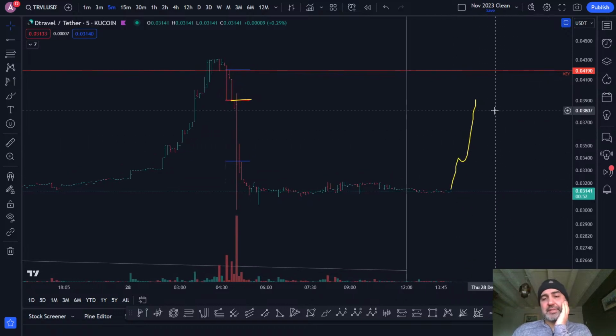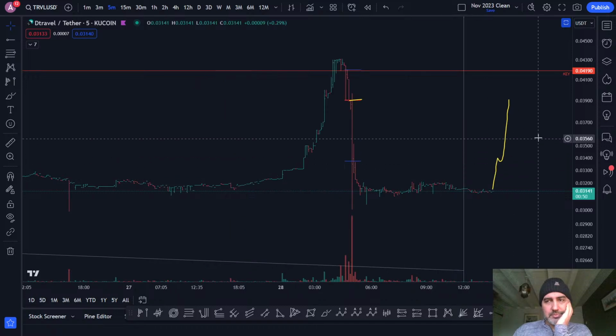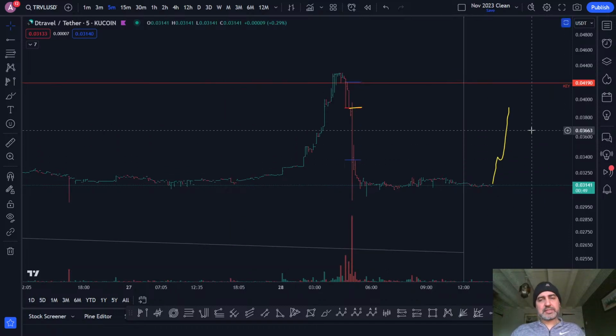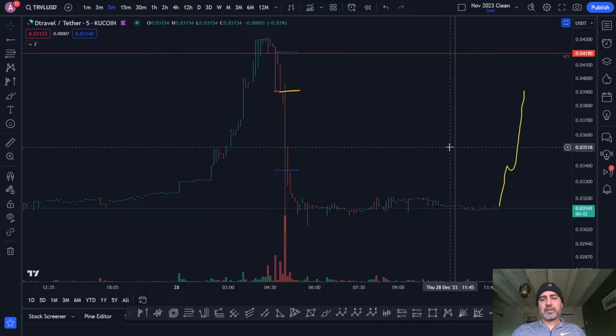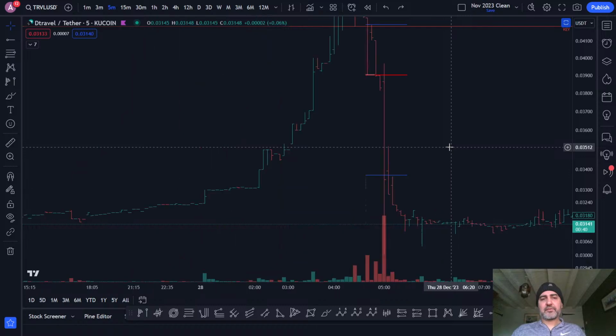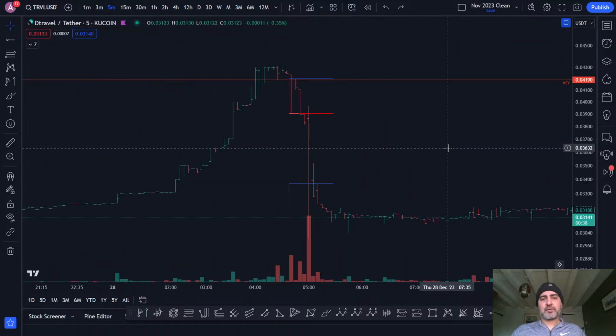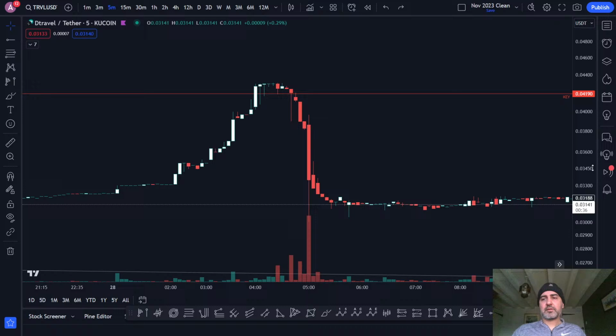If that happens, then it's going to look more bullish, but ultimately the bulls have a challenge too, and I'll explain.